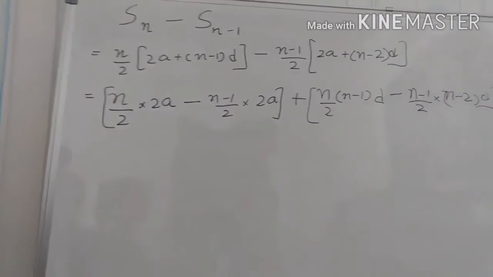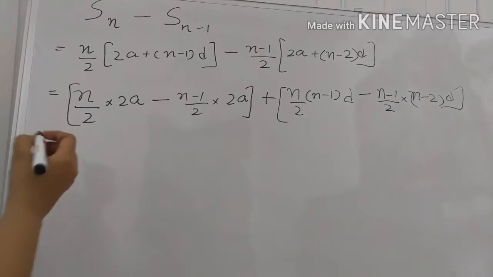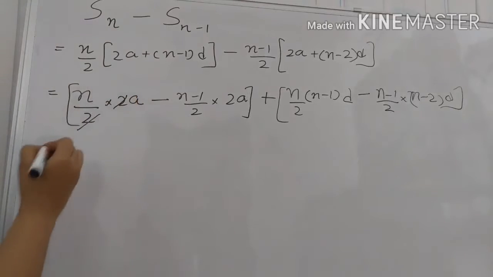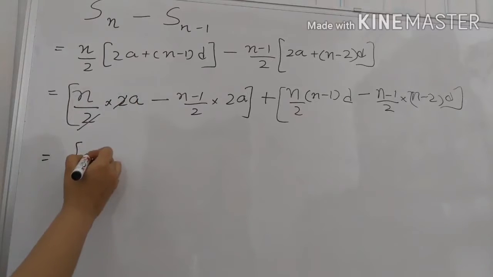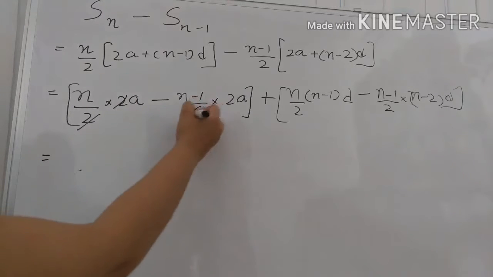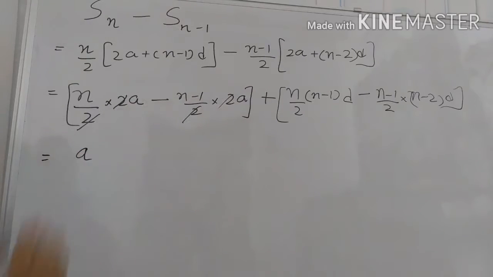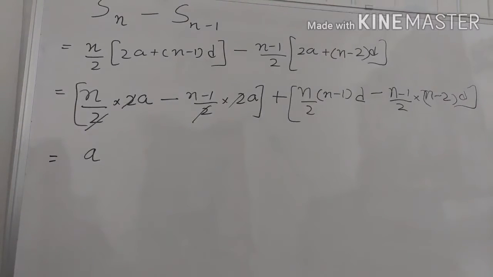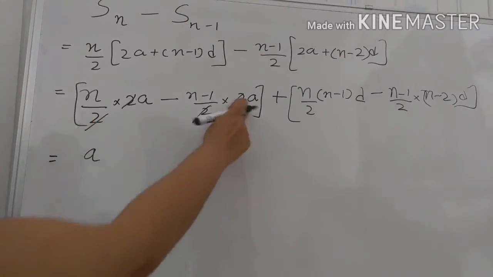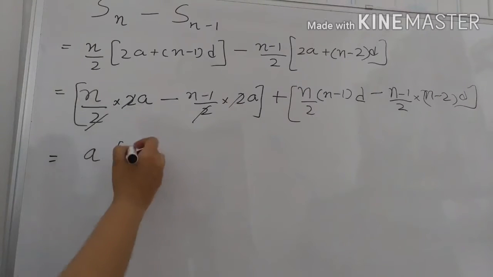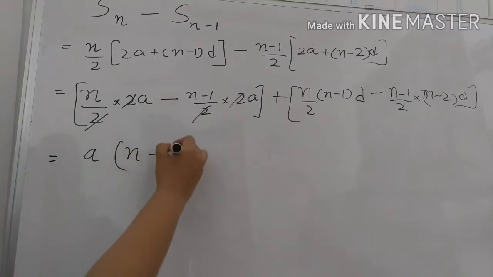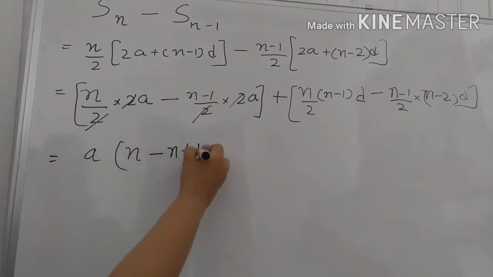Now let us do the calculation. The 2 cancelled here, and here also I take 2 to cancel. So what is common here? a is common, that I take outside. Now from the first bracket a is taken common, so in the bracket n minus (n minus 1).